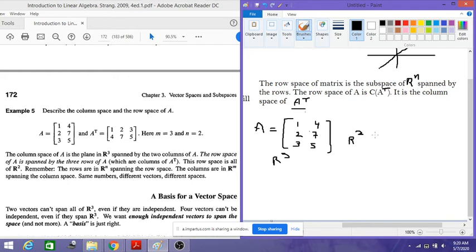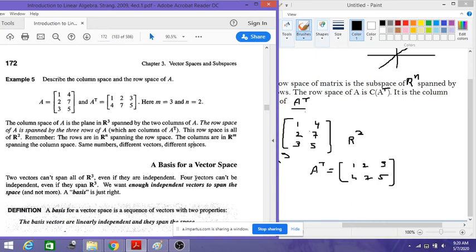If we take the transpose of this, we get 1 2 3 and 4 7 5. So this is the transpose of A.